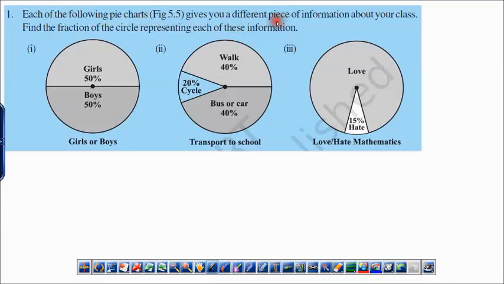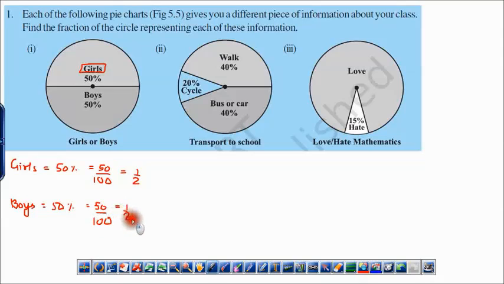Find the fraction of the circle representing each of this information. फ्रैक्शन फाइंड करना है, बहुत ध्यान से देखना, ये तुमको ऑलरेडी आता है. गर्ल्स का फ्रैक्शन ढूंढने के लिए गर्ल्स इज इक्वल टू 50%, बट 50% मतलब 50/100. Therefore, after cancellation, the answer is 1/2. Boys is also 50%, means 50/100. The fraction is 1/2, sum over.